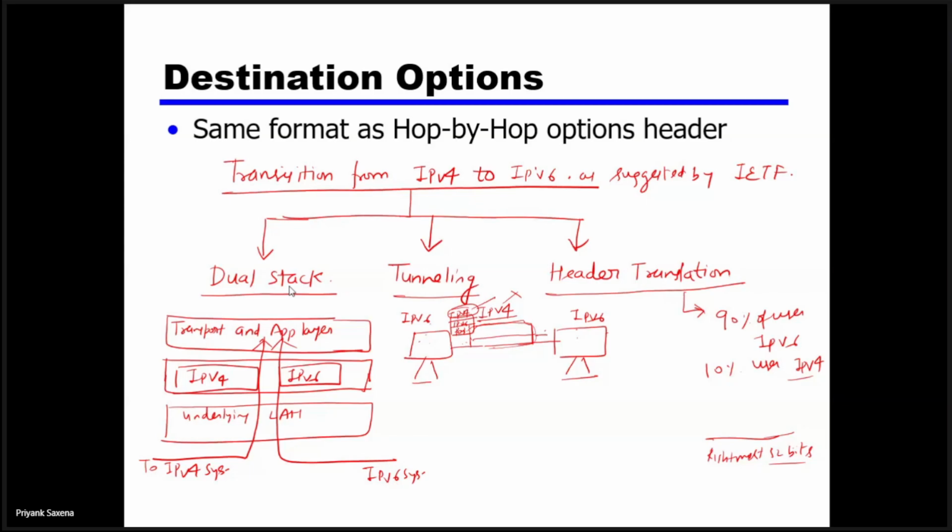Dual stack means that at the network layer, the user will have both IPv4 and IPv6. So depending on the requirement, the user will use either IPv4 or IPv6.